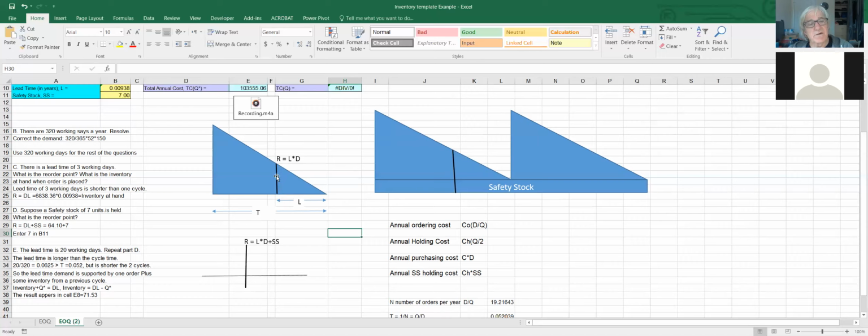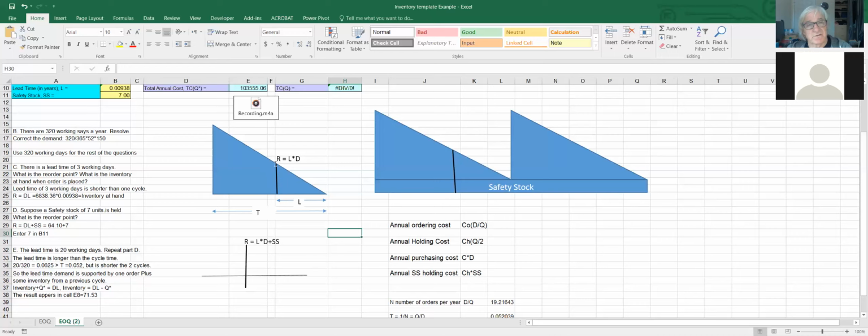The easiest way is to find the reorder point. The reorder point is the inventory at hand when you place a new order. So how much is it? Well, it's easy to find. At the beginning of the lead time, you have inventory.